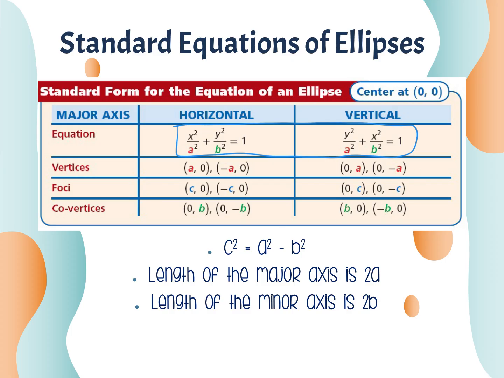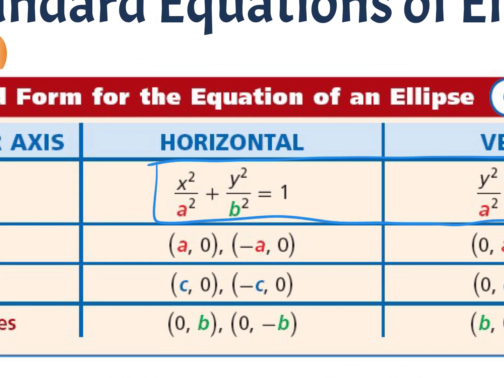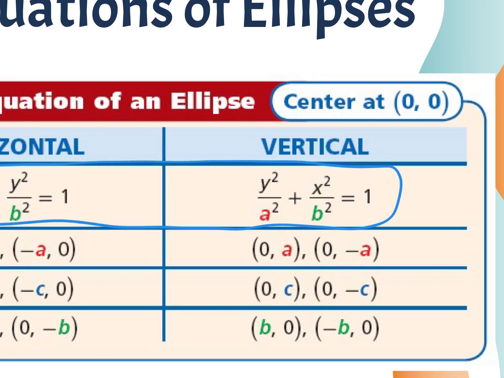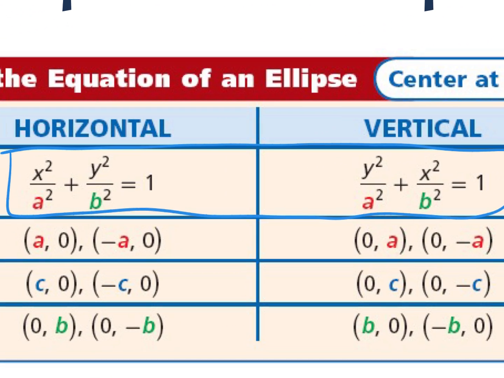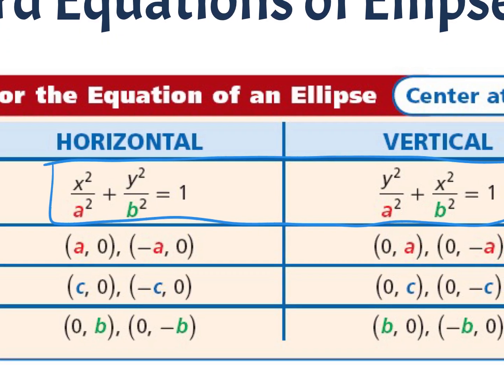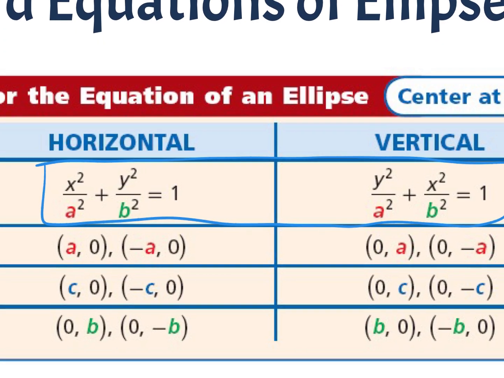You're going to see that that's how I'm going to do it. But notice that this is what the formula of an ellipse looks like if it's horizontal, and then that's what it looks like if it's vertical, right? Notice the only difference between the two is what? Can we see it? What's the difference between a horizontal and a vertical ellipse, just looking at the equation?